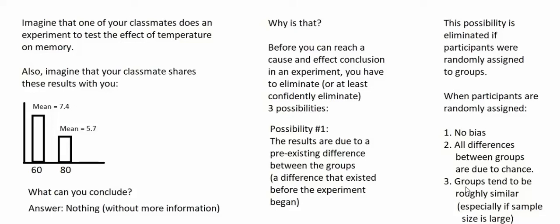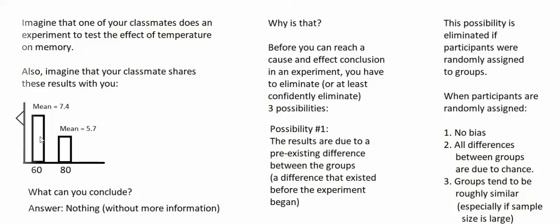So if you're still having a little bit of difficulty understanding why it's important for the two groups to be roughly similar to each other, it might help to imagine an experiment with only two participants, and one person is in the cold room and one person is in the hot room. In that experiment, you would definitely want the two people to be similar to each other.